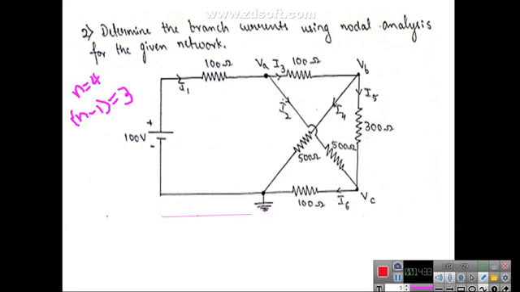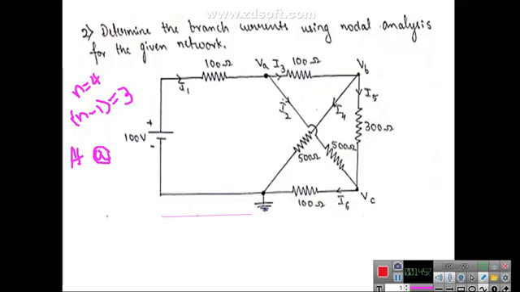So at node A, what is your KCL equation? As per KCL, I1 is incoming, and I3 and I2 are outgoing.